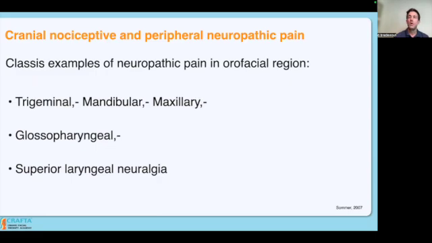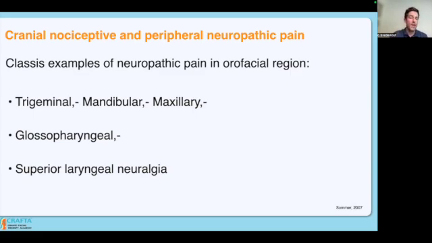I think most of you are familiar with some neuropathic pain in the orofacial region. For instance, the trigeminal nerve. Mostly it is the mandibular nerve, but also think about the maxillary nerve. Another nerve that could be involved in this area is the glossopharyngeal nerve. And the glossopharyngeal nerve is involved in swallowing, I have to say it correctly.